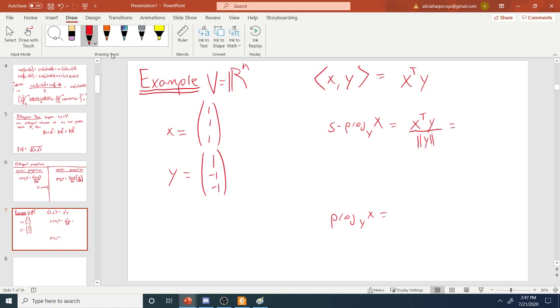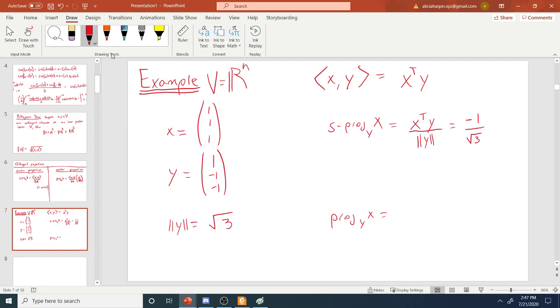You can quickly compute that the norm of y is the square root of 3, and likewise the inner product of x with y is negative 1. So this just ends up being negative 1 over the square root of 3.